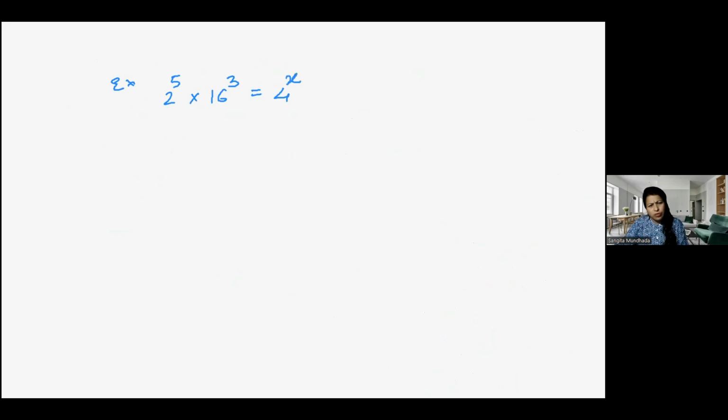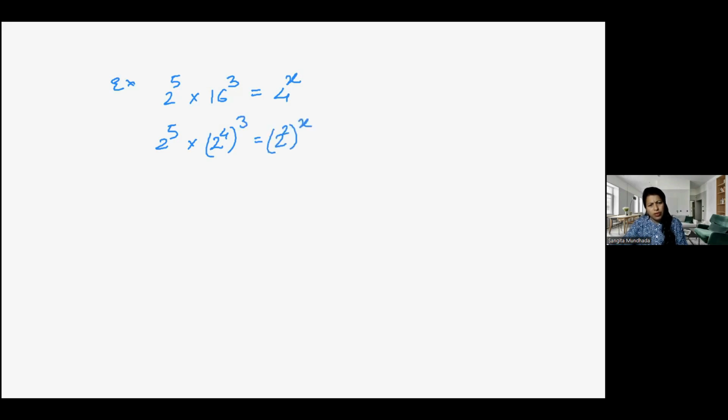Now, 2, 16, 4. So 16 I can write using base 2. 4 I can write using base 2. So I am writing here 2 raised to power 5. 16 means 2 raised to power what is equal to 16? 2 raised to power 4. If I take product of 2 4 times, I will get 16. Raised to power 3 is equal to 2 raised to 2 means 4, raised to x.